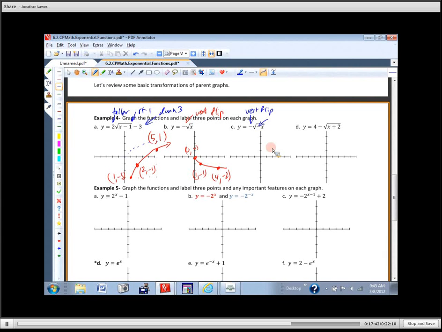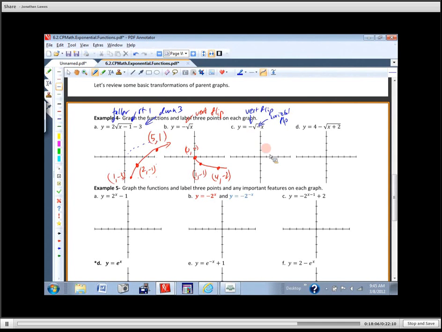Turns it sideways, okay? If this is a vertical flip, remember anything that's done after the function changes the shape in the vertical direction, we're changing the x by multiplying x by a negative first. So we're taking all the positives and making them negative, and all the negatives and making them positive, okay? So this is a horizontal flip.